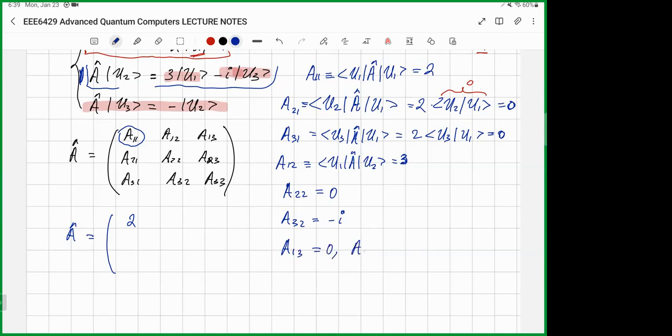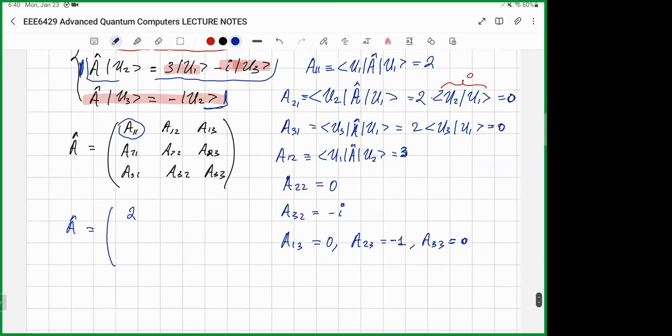Then A23, u2 by u2 is 1, and minus 1. And finally A33, multiplying this rule by u3 on the left, the product u3 u2 is 0, so I get 0.